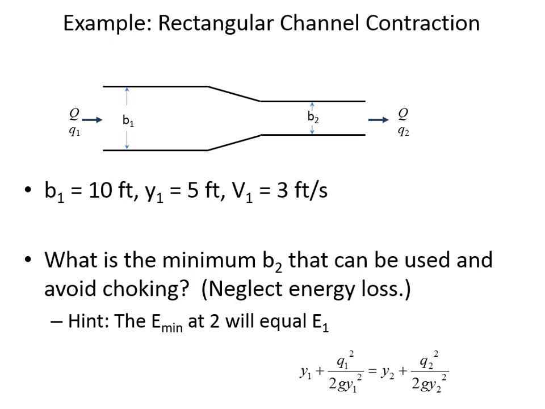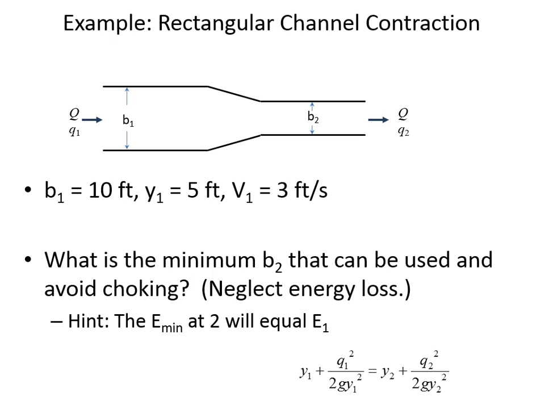And now the E minimum at 2 is 5.140 feet. That's basically when we've got the minimum energy, and we know that the critical depth is going to be there. And so it's known to us that the critical depth is 2/3 of E minimum. And so it's 2/3 of 5.140 feet.